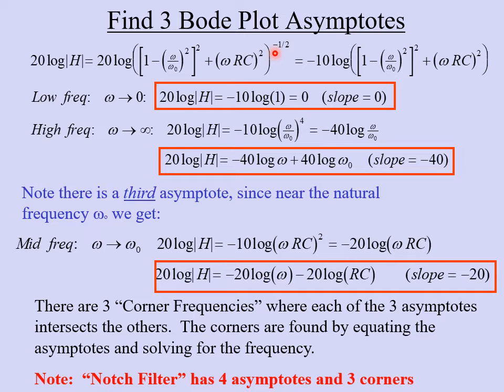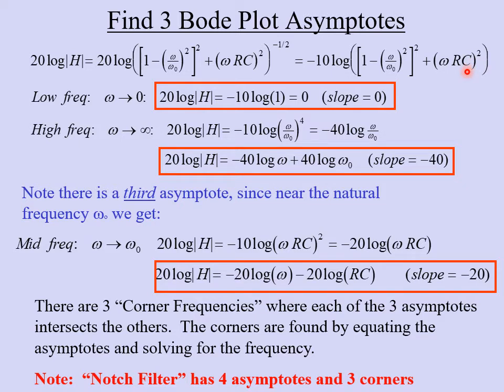And now I'm going to use my rules of logarithms. I'm going to take this -1/2 and bring it out in front and multiply it by the 20 to get -10 times the log of all this stuff in the parentheses here. So this is the full expression, we haven't done any approximating yet, for the decibels of the magnitude of the frequency response.